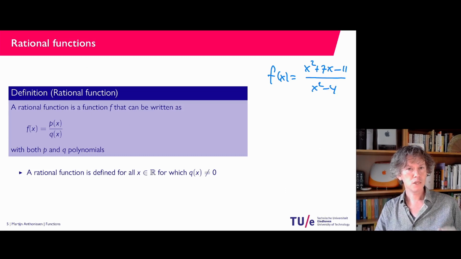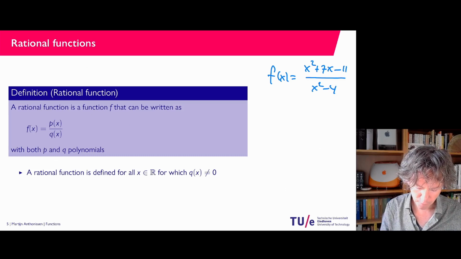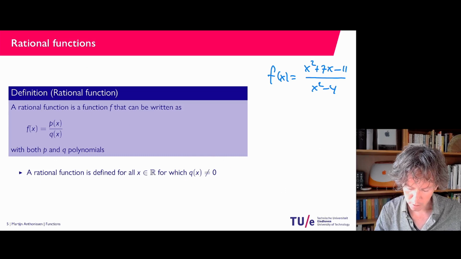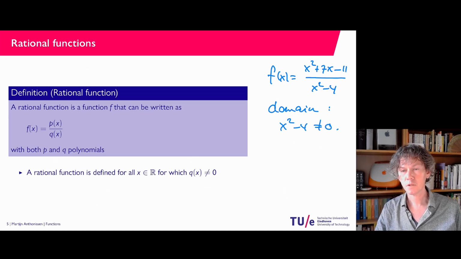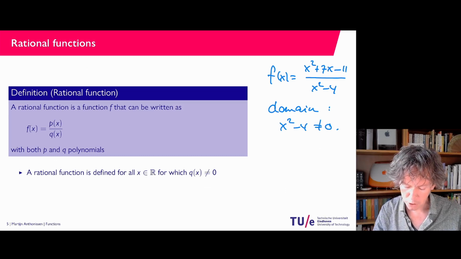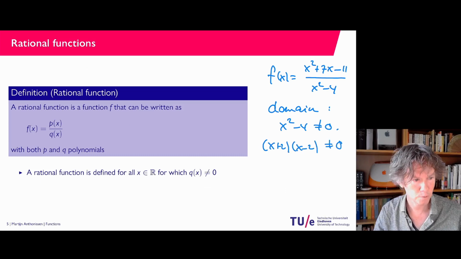Now, these are slightly more complicated than polynomials because you may have division by 0. So if you would like to find the domain, you have the requirement that x squared minus 4 should be unequal to 0. Otherwise you have division by 0. So that means that x plus 2 times x minus 2 should be unequal to 0.